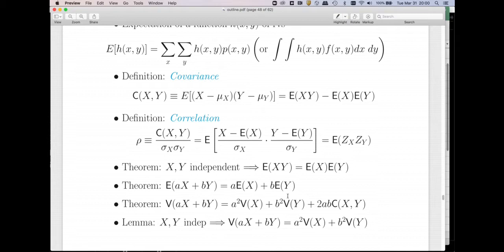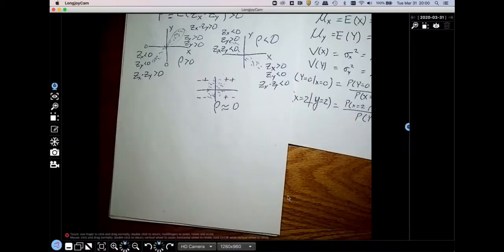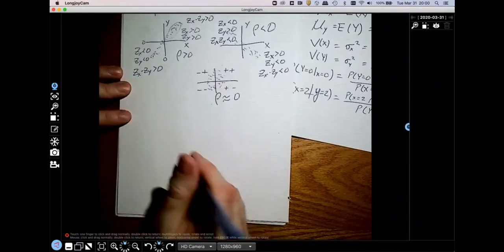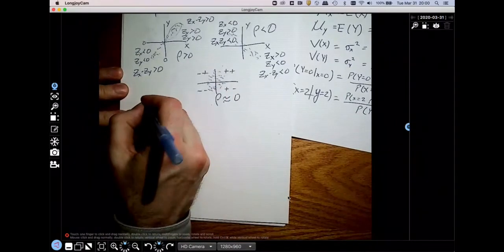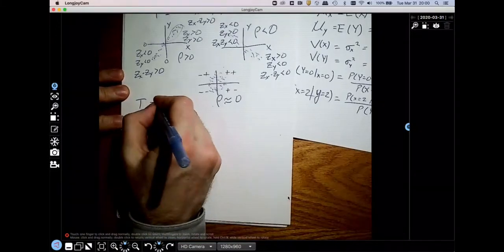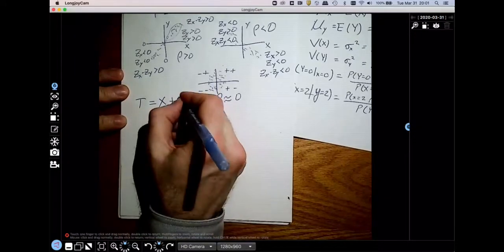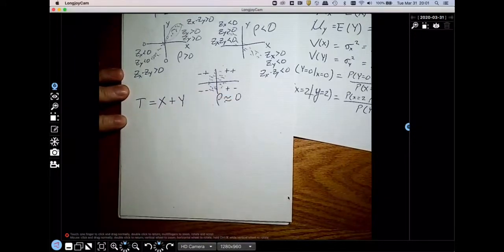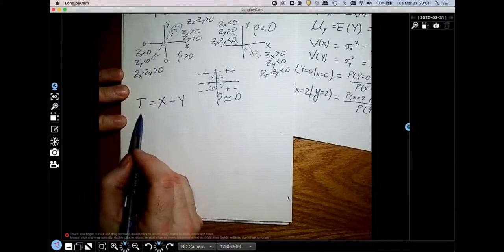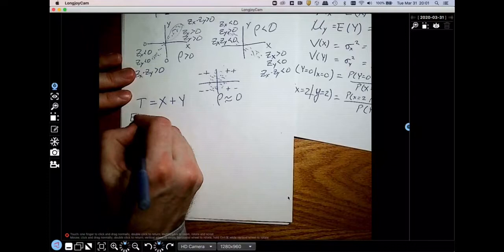So maybe as the owner of this company, I'm really interested in the total amount that my two salespeople are going to sell today. So what is the total amount? Well, it's whatever x sells plus whatever y sells. So what is the expectation of T then?